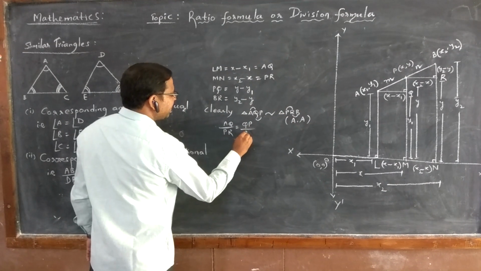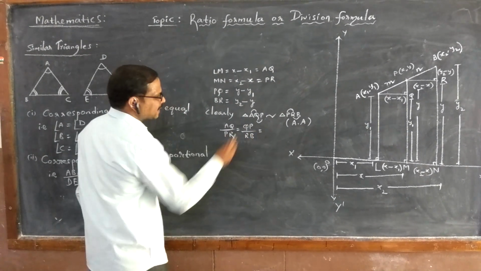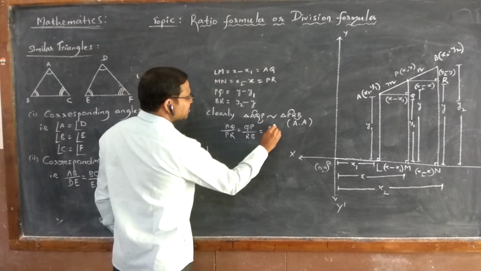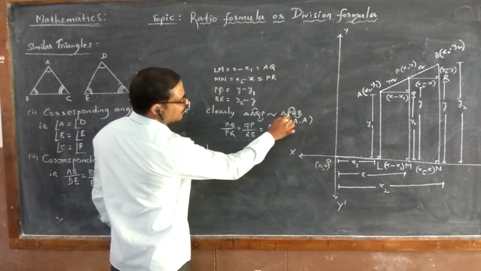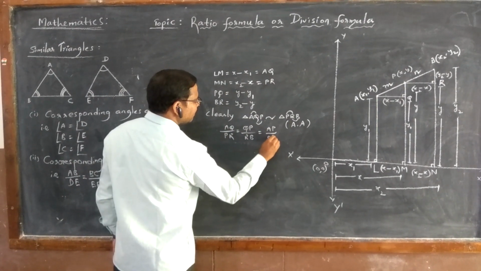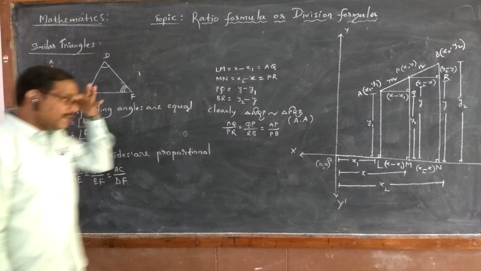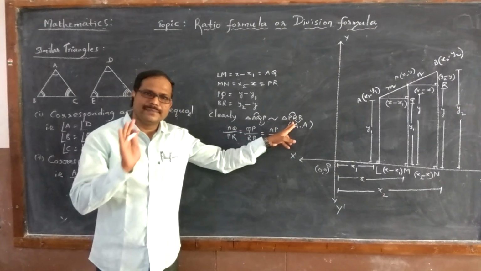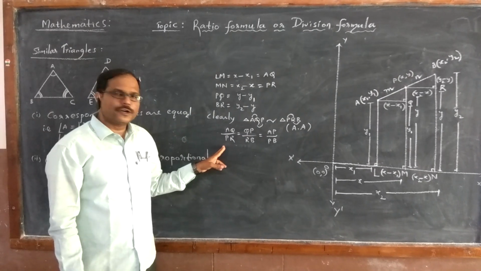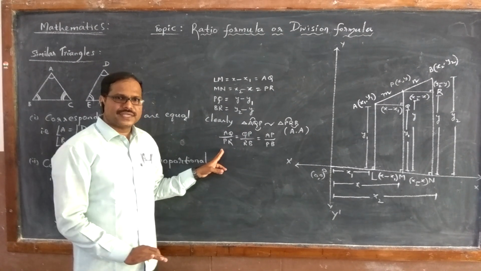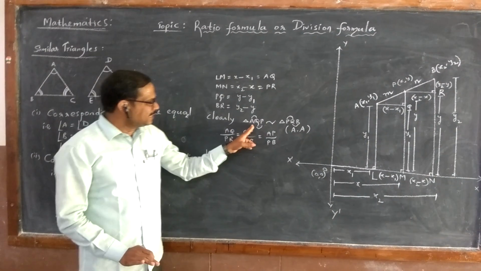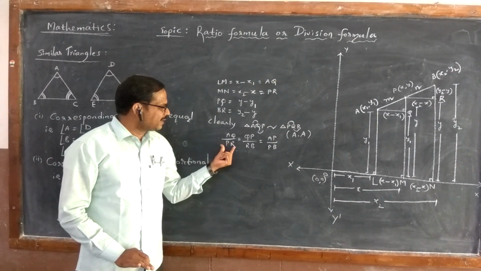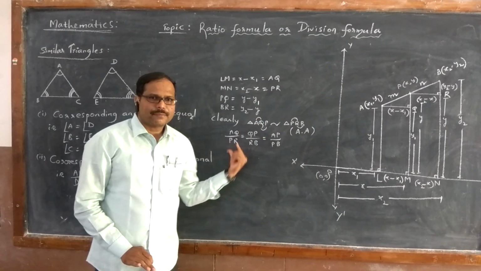By RB. Next, AB corresponding side, first one, last one, PB. Right? How did I write this? Since these two triangles are similar, their corresponding sides are proportional. Clear?